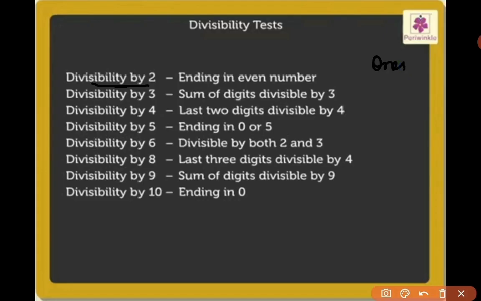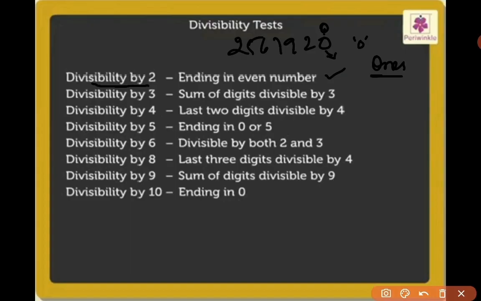If it is an even number at the ones place, like 2, 5, 6, 7, 9, 2, 0, either the number should end with an even number or 0, then you can say it is divisible by 2.